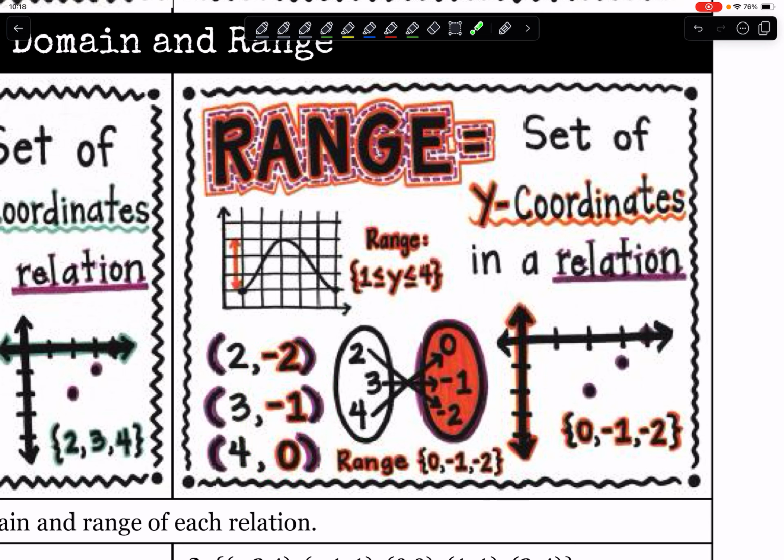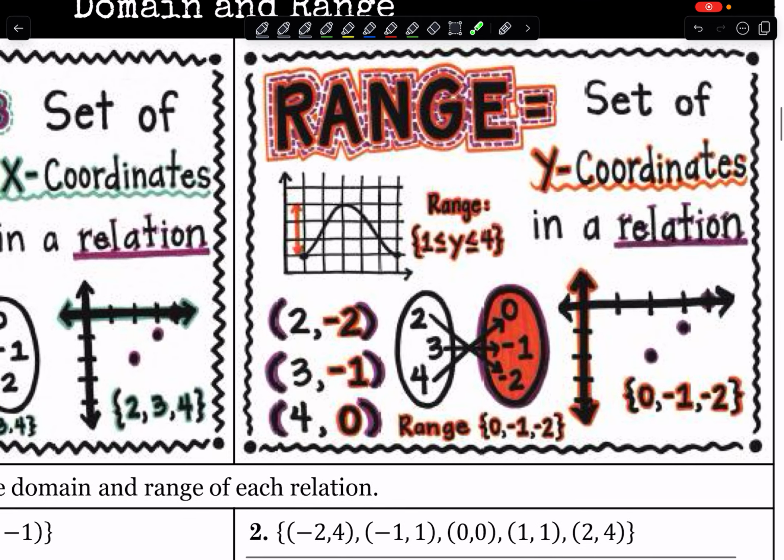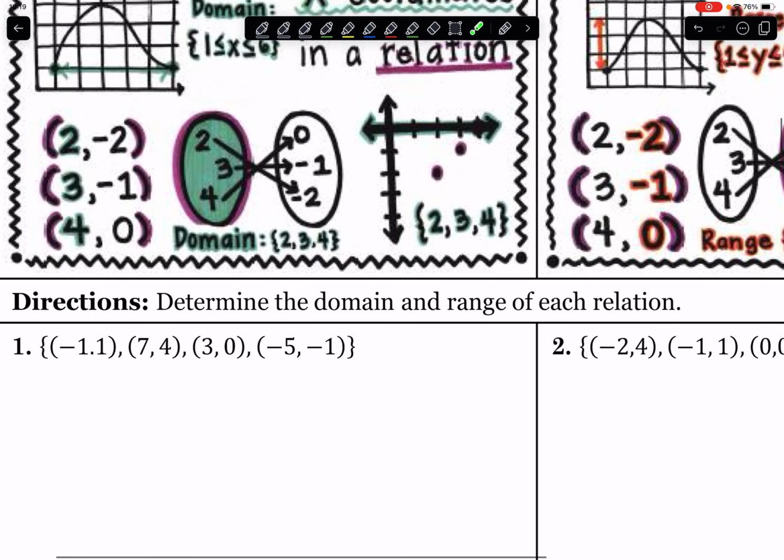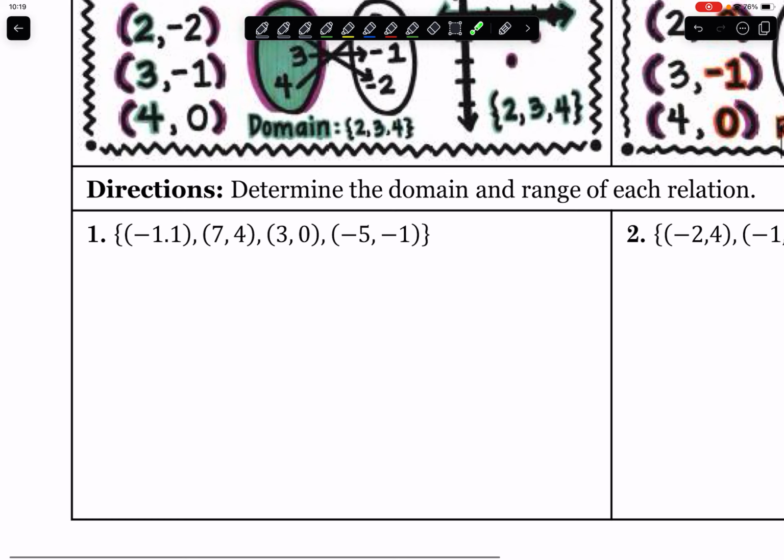Okay, so let's look at some examples of this. Let's look at some ordered pairs, and let's see what the domain and range is. Let's make a little correction here. There should be a comma, not a period. So here we have a relation, and we have 4 elements in the relation. The domain here is going to be the first element of each ordered pair, okay?